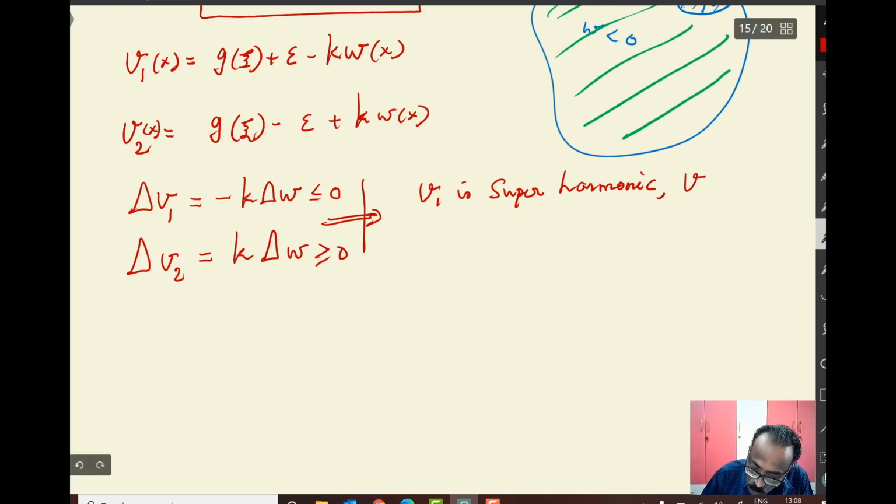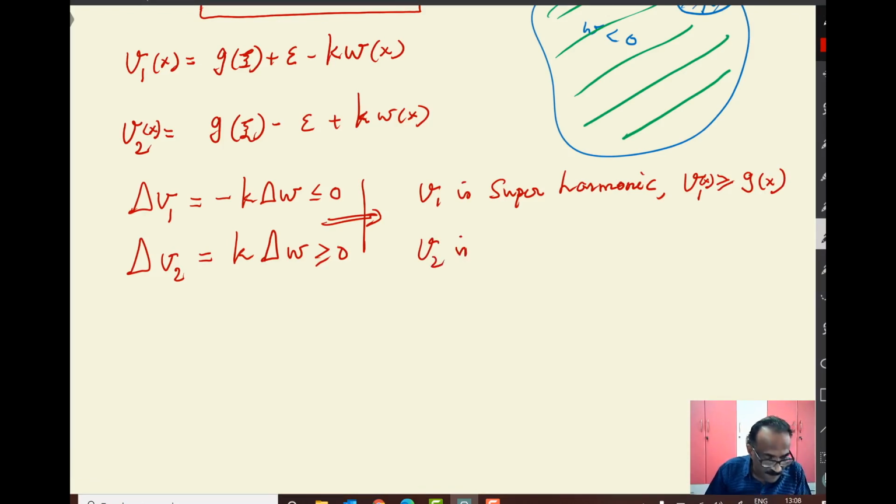You can also show, and this is very easy, that v1 is greater than or equal to g(x) on the boundary. Similarly for v2. That's true because of the m.